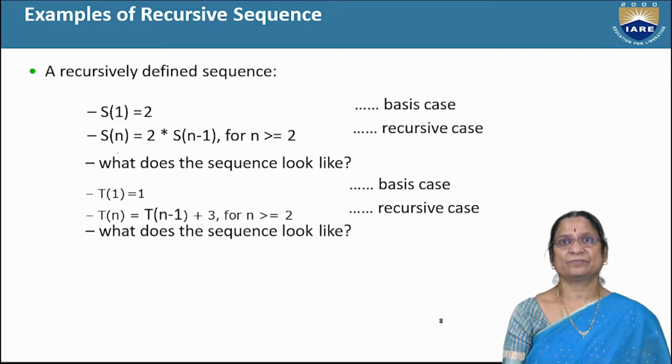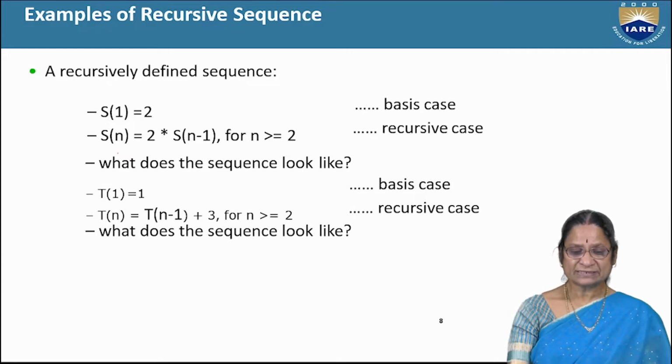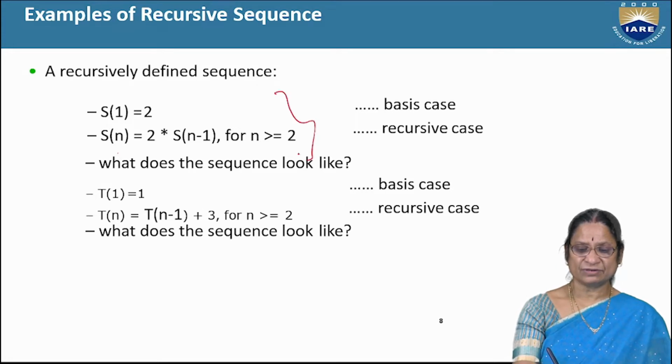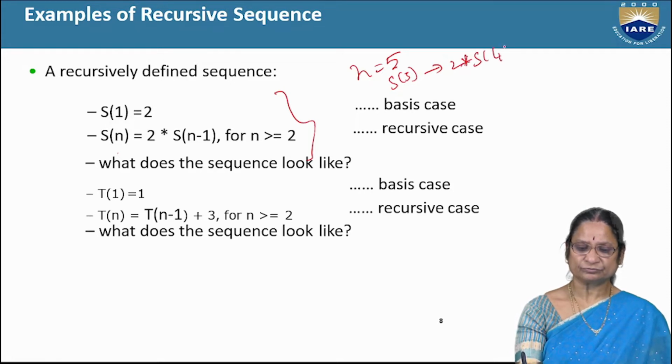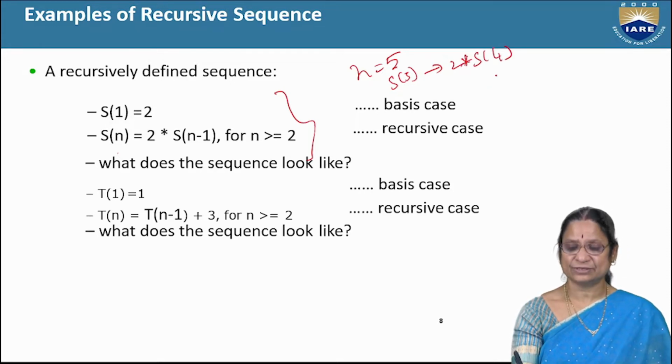For example, considering this equation, let us assume I take the n value as 5. So what is S(5)? S(5) is equal to 2 into S(4), n minus 1, no? So that's why.